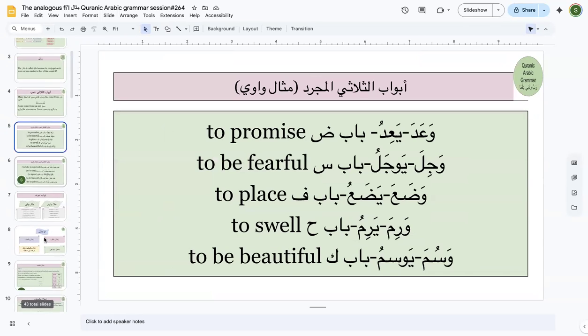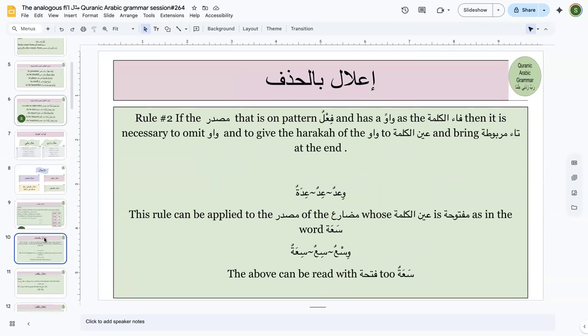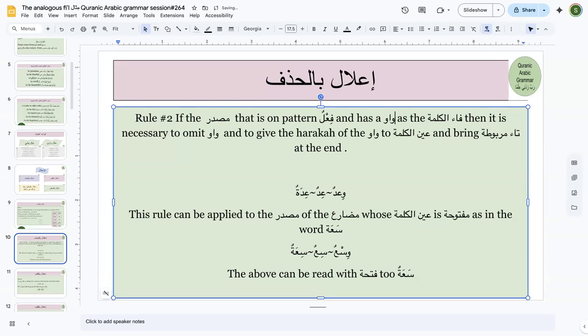So the scholars say if the masdar is on fi'lun pattern, here the fa'ul kalima has a kasra and has a waw as the fa'ul kalima, then it is necessary to omit waw and to give the haraka of the waw to ainul kalima and bring ta marbuta at the end.